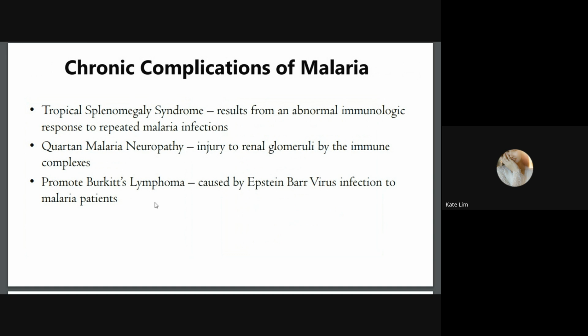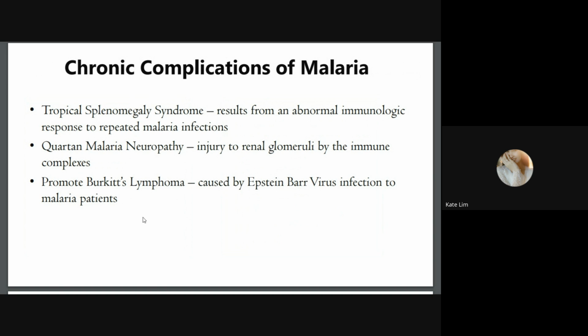Take note that malaria doesn't directly cause this cancer, but it plays a role in promoting it. A child infected with Epstein-Barr virus, a common virus in areas with high malaria prevalence, is at risk, since EBV is the causative agent of Burkitt's lymphoma.